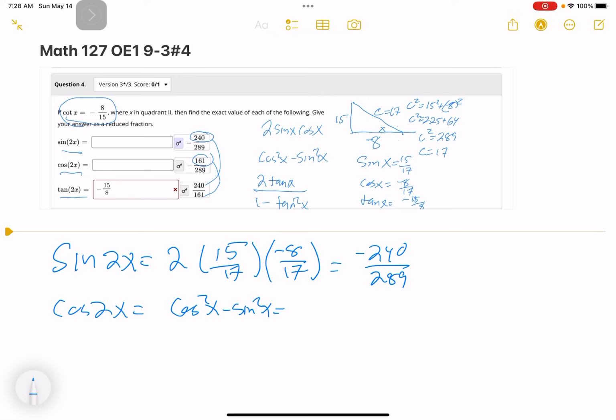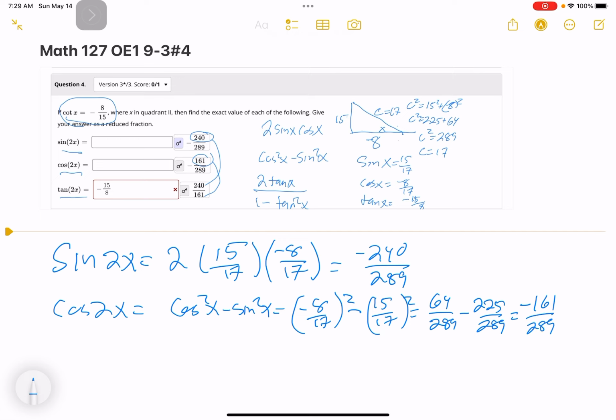So that's going to be negative 8 over 17 squared minus 15 over 17 squared. So that's going to be 64 over 289 minus 225 over 289. And 64 minus 225 is negative 161 over 289.